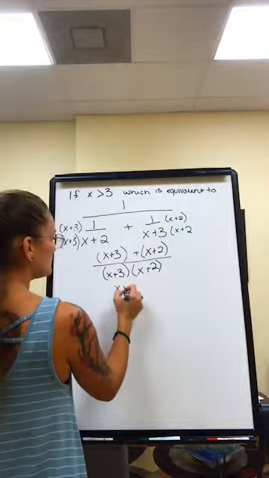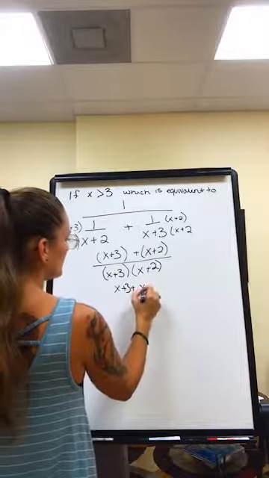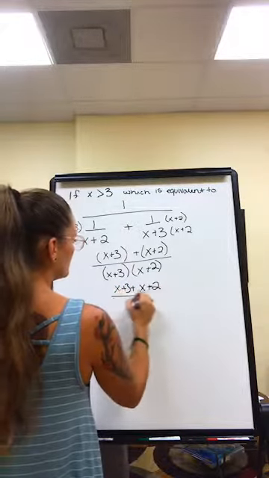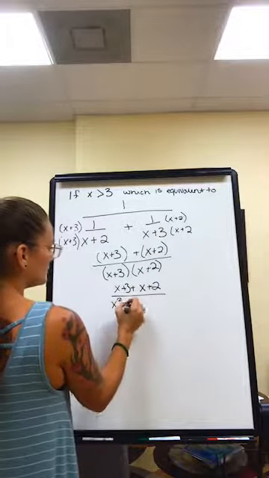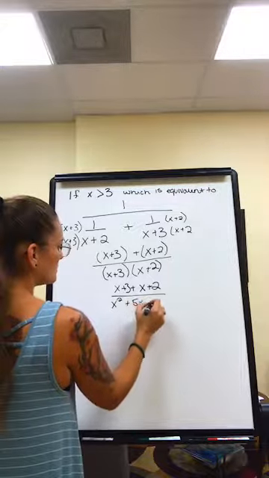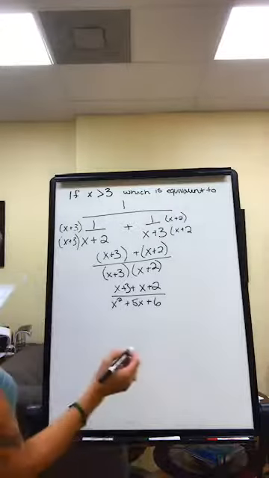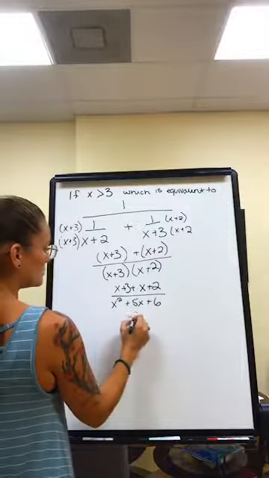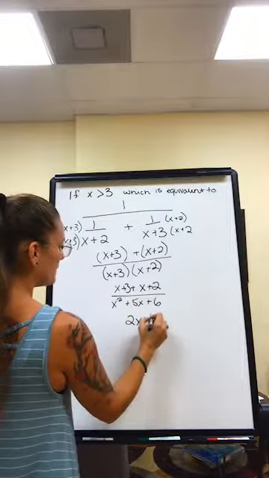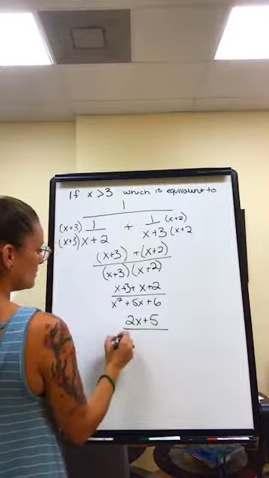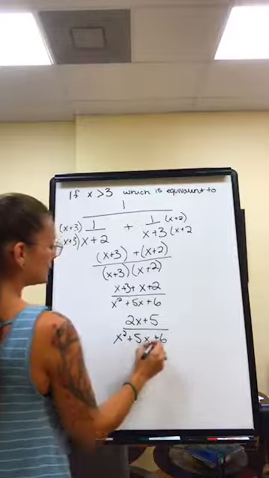So we have x plus 3 plus x plus 2, and I'm going to FOIL the bottom. So we're going to have x squared plus 5x plus 6. So that turns into 2x plus 5 over x squared plus 5x plus 6, okay?